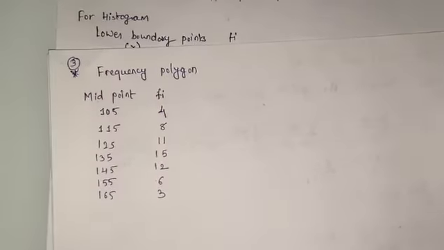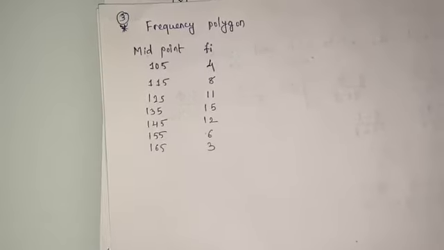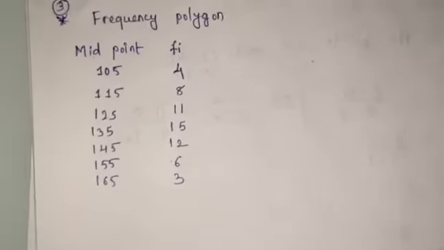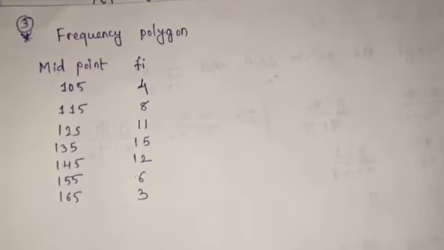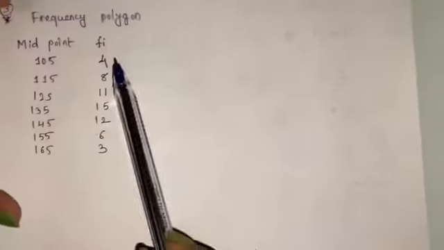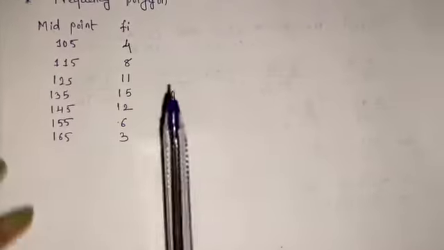So my first thing is done. For frequency polygon I require the midpoint of the given classes. Question is the same: draw the frequency polygon for the following data. So I have found the midpoint first and written the frequency.